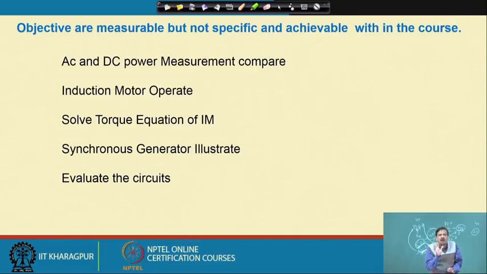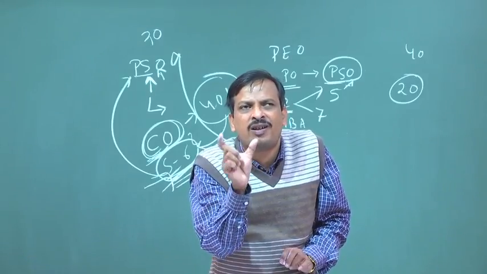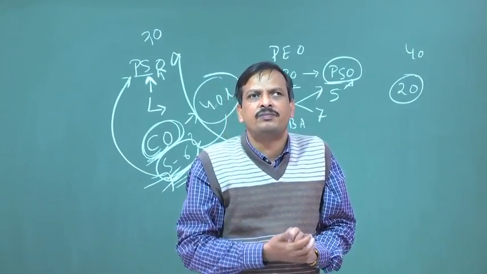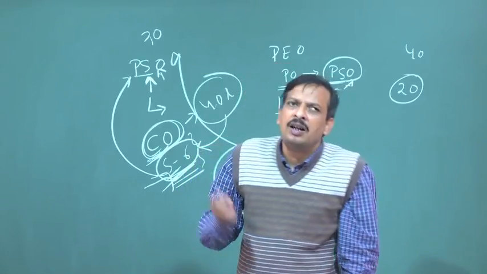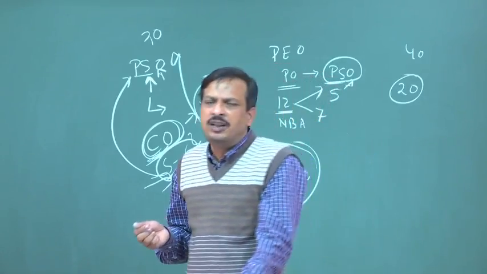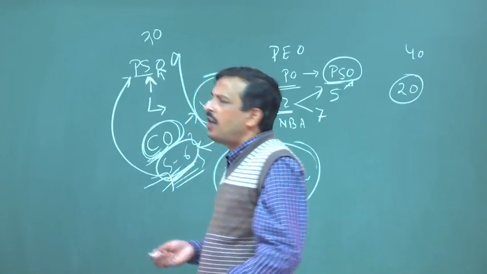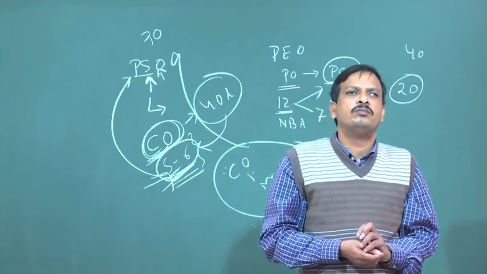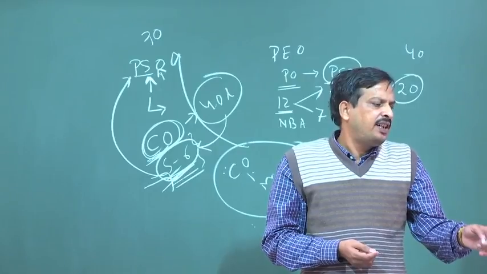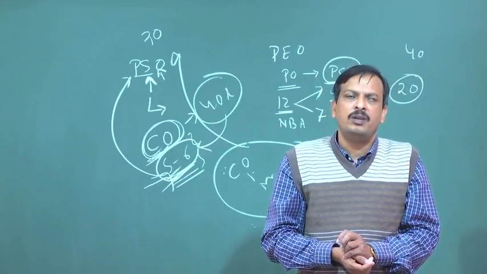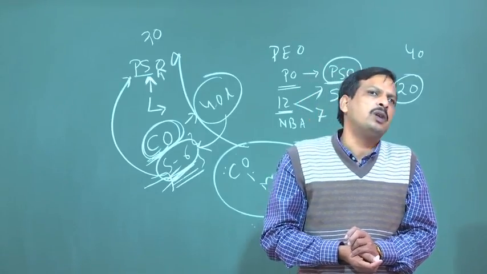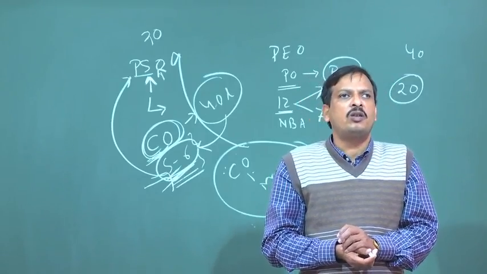So, a course outcome or course objective is not a single line statement. It is a full statement of something which is specific, measurable and achievable. If I say AC DC power measurement compare, it is measurable, but it is not specific, not achievable. I do not know whether it is achievable or not in a single course.